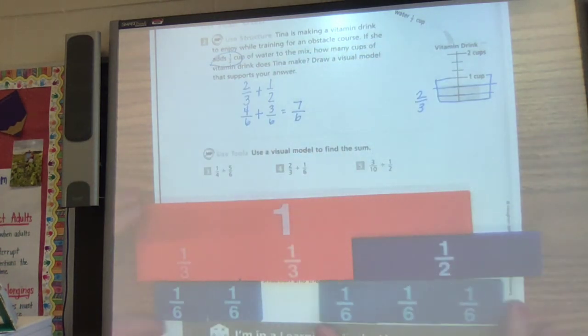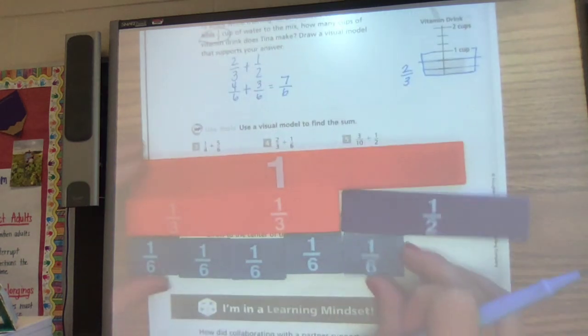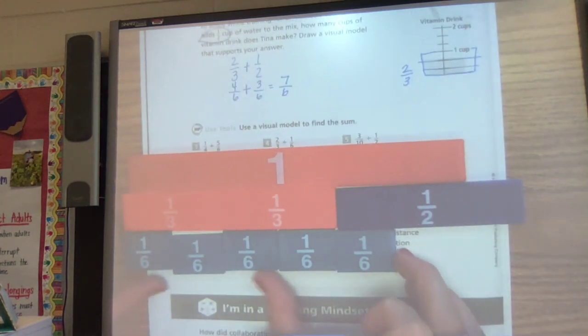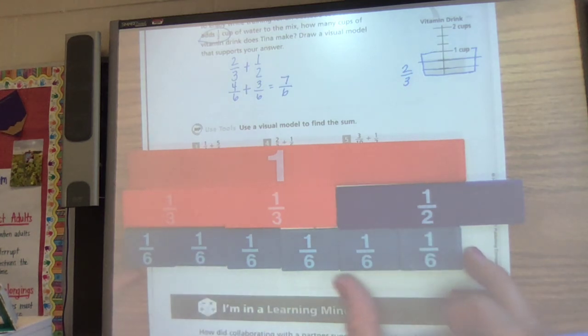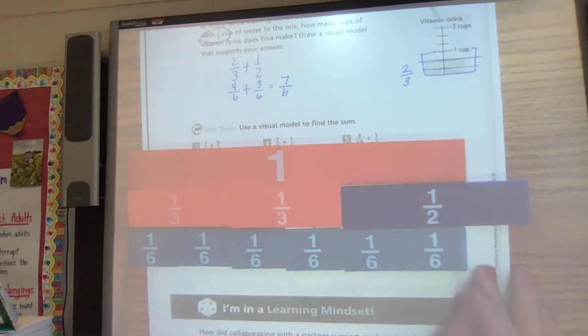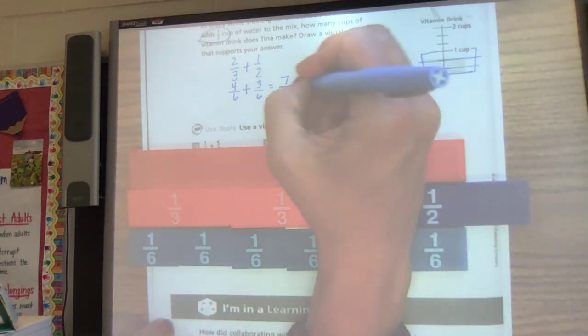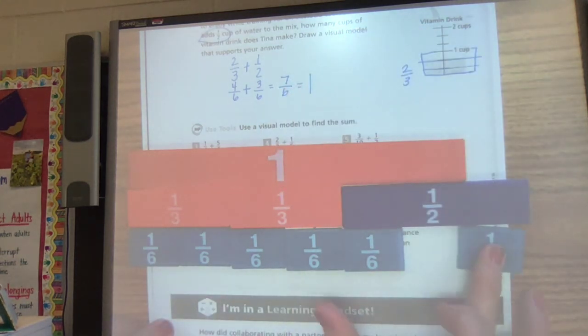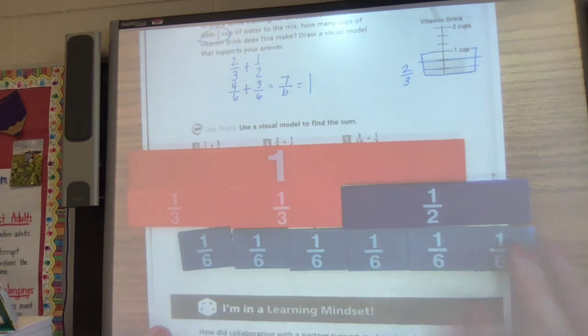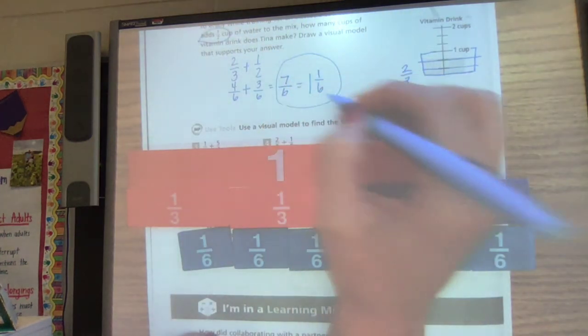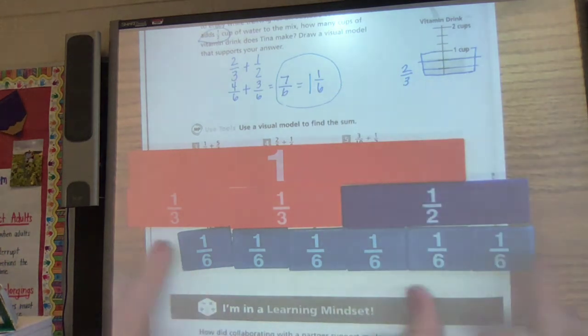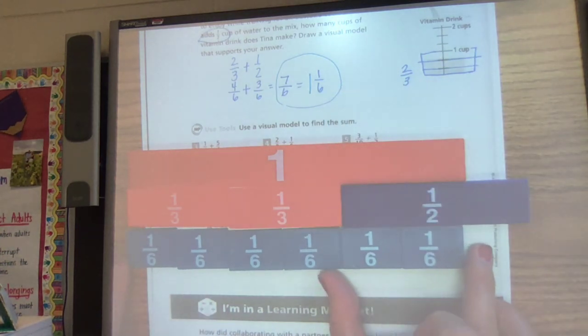All that means is that we used all our sixths, which was 6/6, and if we have 7/6, then we've got 6 whole sixths, so we made 1 whole thing, plus 1 more, and that made it 1 and 1/6. So 7/6 is equivalent to 1 and 1/6, because 6/6 equals 1 whole.